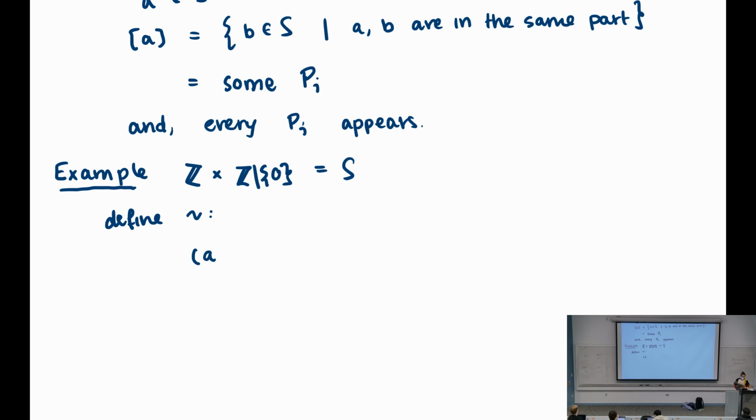I'm going to say that (A, B) is the same as (C, D) if A times D minus B times C is equal to 0. And I want you to think about why this is an equivalence relation.